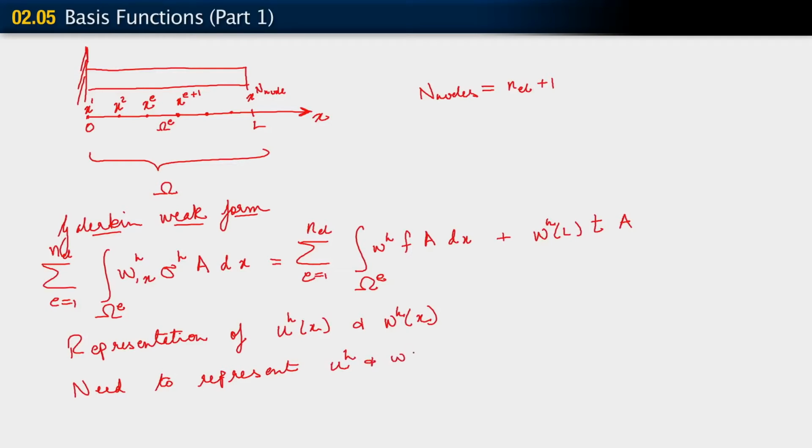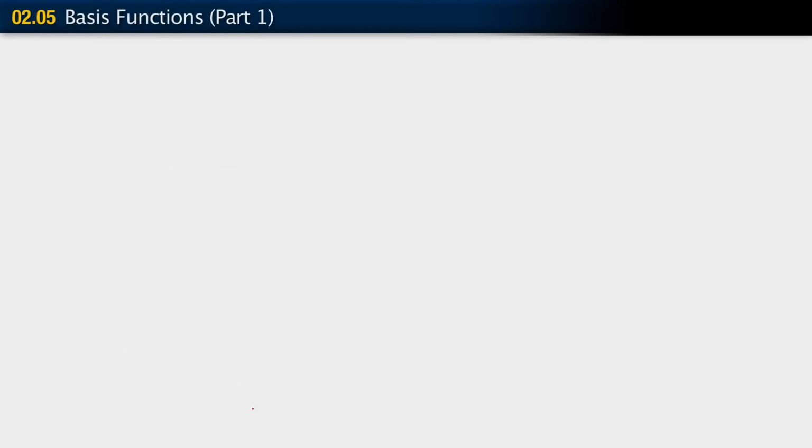So let me state that. We need to represent uh and wh over omega E, where of course E goes from 1 to number of elements. So we have the advantage of needing to focus only upon what often gets called a local representation here, local being local to the element. All right, so let's look at how we can go ahead and do this now.